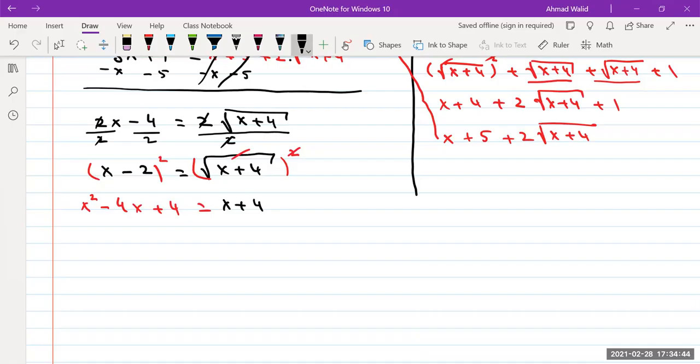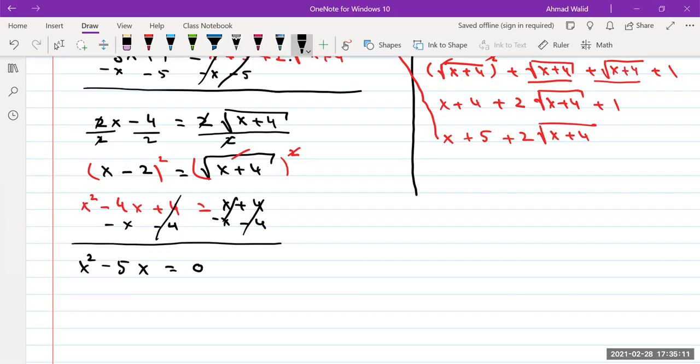Now move everything to one side. Subtract x, subtract 4. x squared minus 5x equals 0.